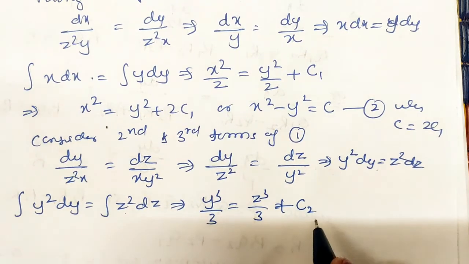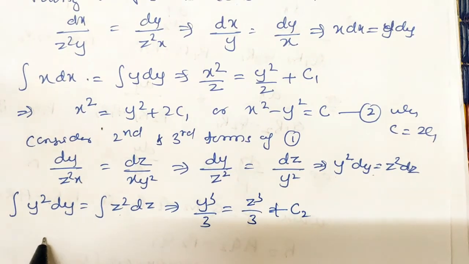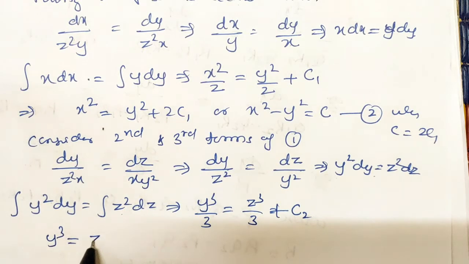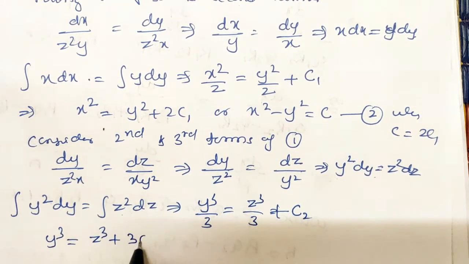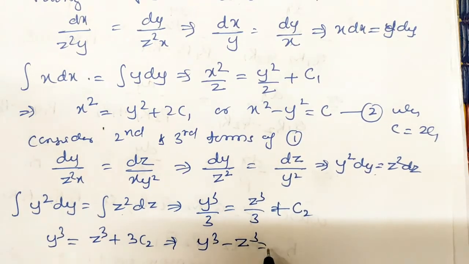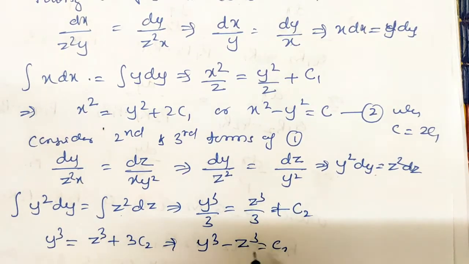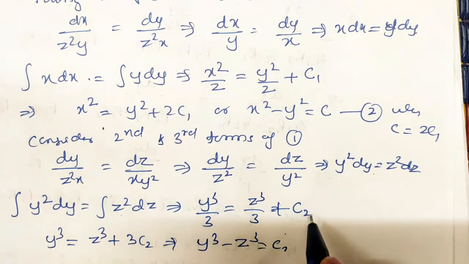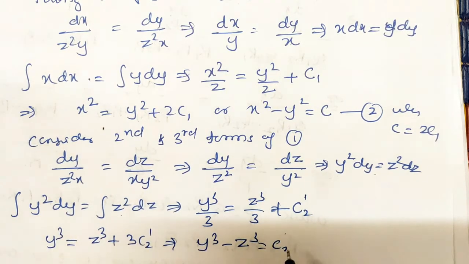Now let us take LCM and simplify. It becomes y cube is equals to z cube plus 3c2. Then this implies y cube minus z cube is equals to c2, where we take 3c2 as c2 dash.